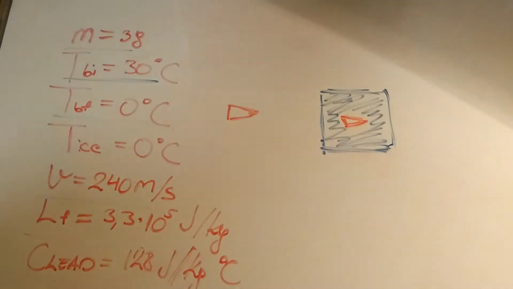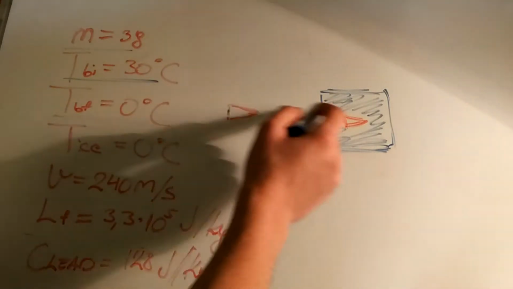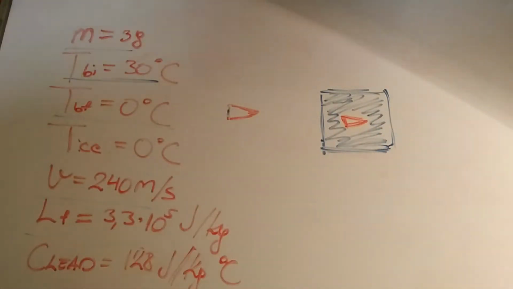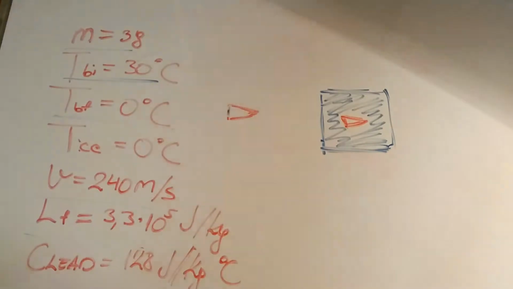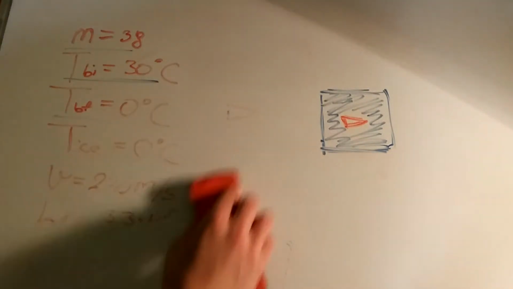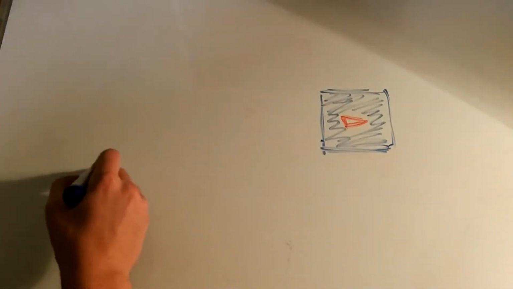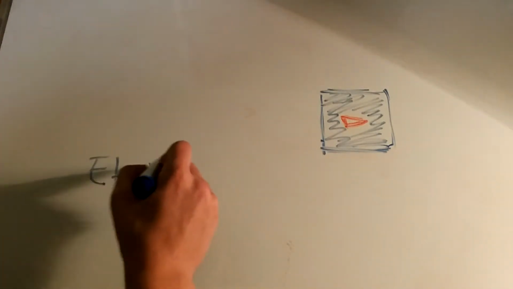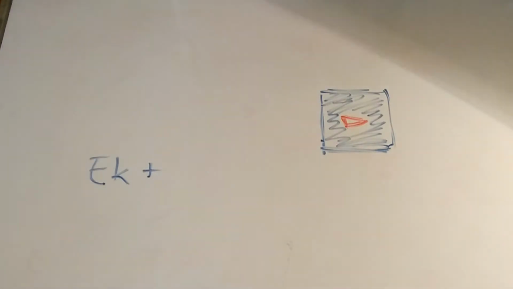Now here we have the lead bullet, and we know that it gets embedded into the block of ice. So we can say that all the energy from the bullet is transferred into that block of ice. That will include the kinetic energy of the bullet, EK, plus, as we saw, the final temperature of the bullet is 0 degrees Celsius.